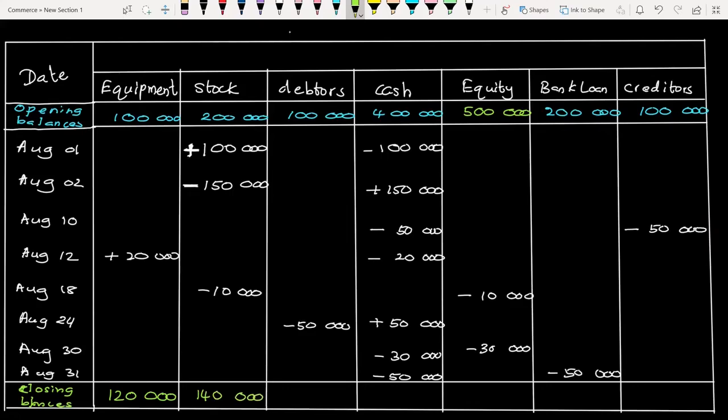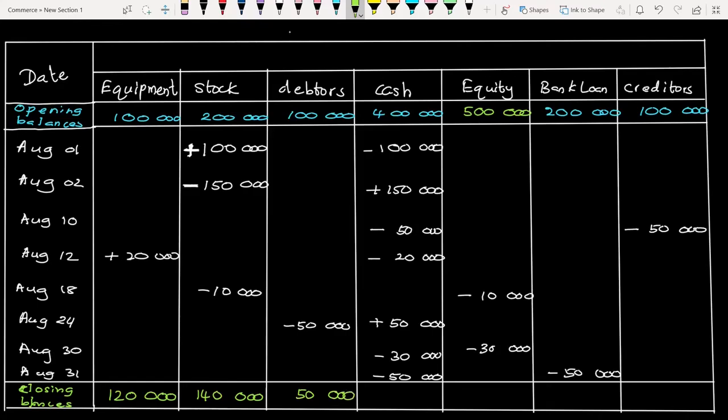Then in the debtors column, the opening balance is 100,000. Then the balance decreases by 50,000. So the closing balance should be 50,000. 100,000 minus 50,000 is 50,000.